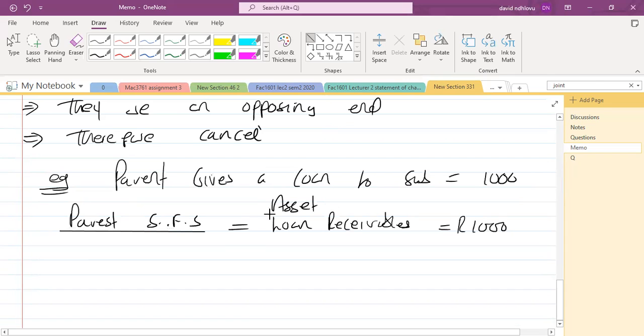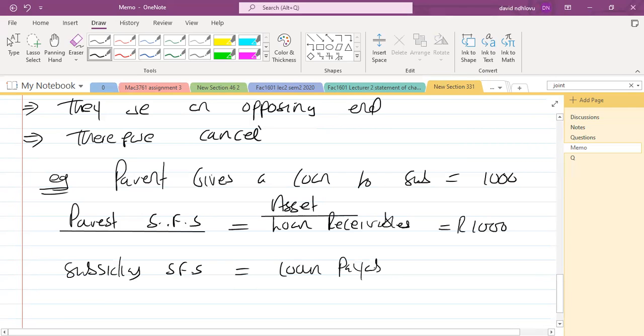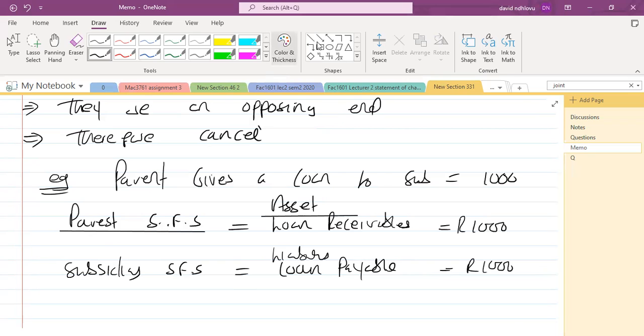If you go to the separate financial statements of the subsidiary, the loan is also there. But because they owe this, it's a loan payable with a value of 1,000, and that represents a liability.